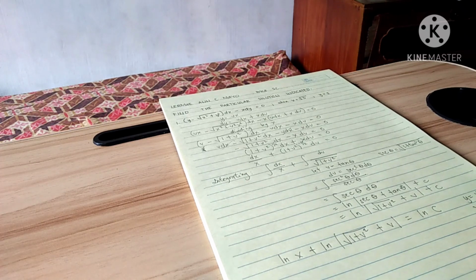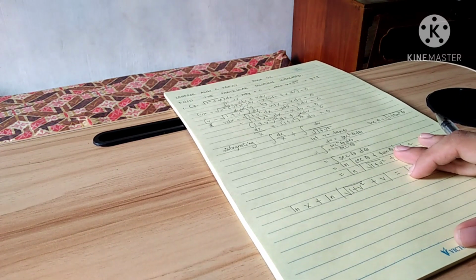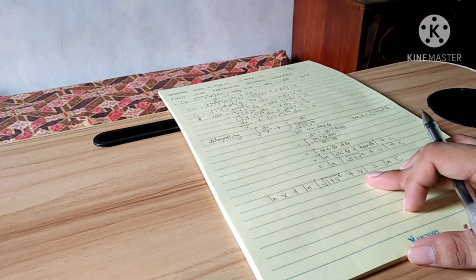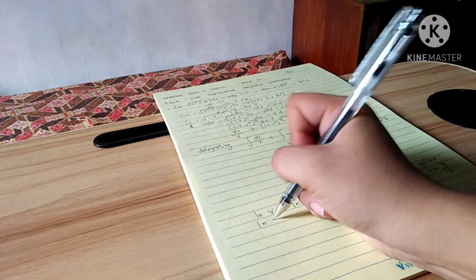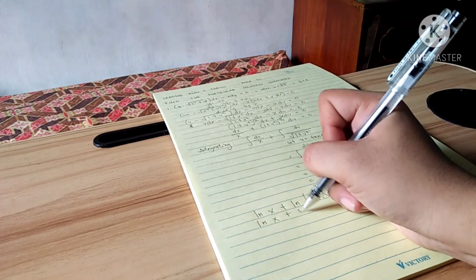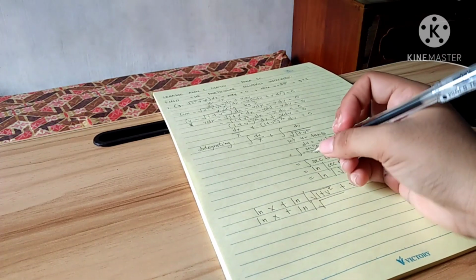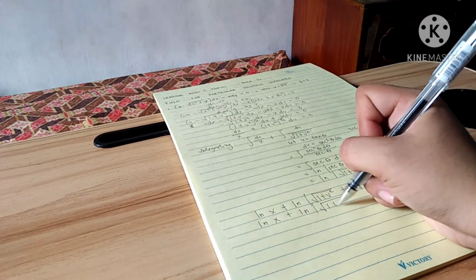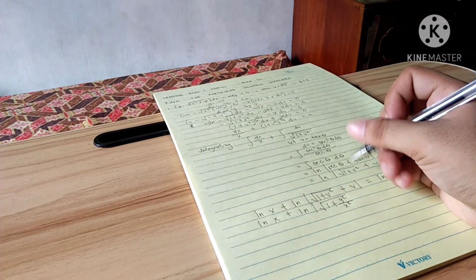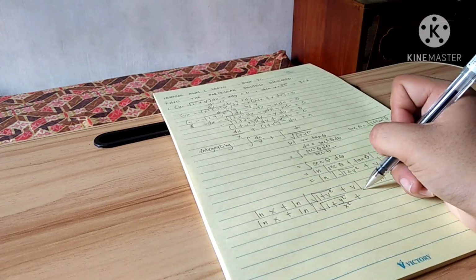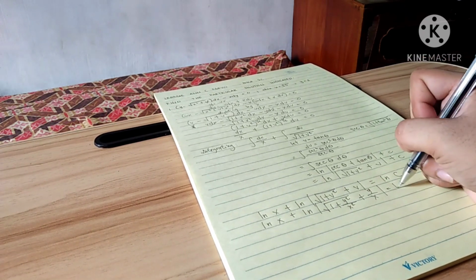We now substitute this for the variable v in our term. Substituting that, we have ln x plus ln of the square root of 1 plus y squared over x squared plus y over x equals ln c.